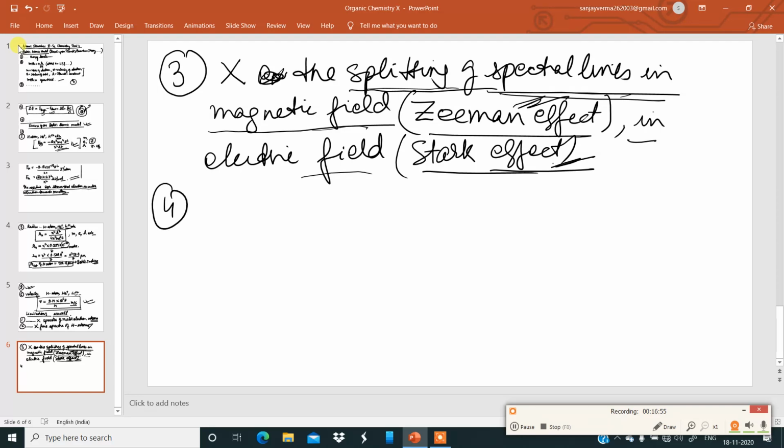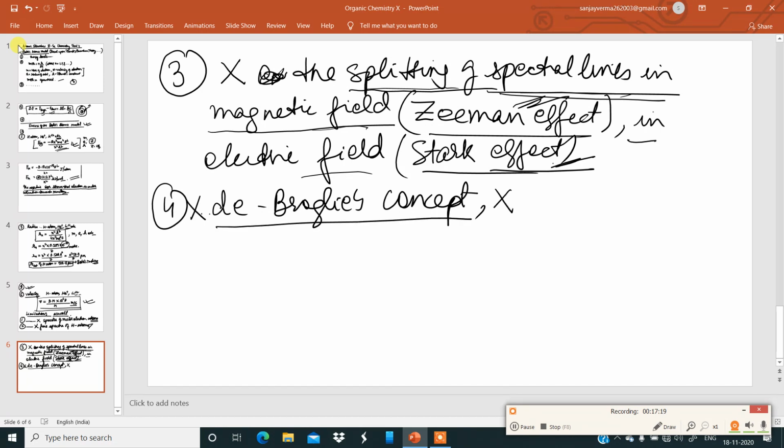The next limitation, number 4: this theory is not in agreement with de Broglie's concept and Heisenberg's uncertainty principle. Two things to remember. I'll come to the de Broglie concept in detail later in this chapter.